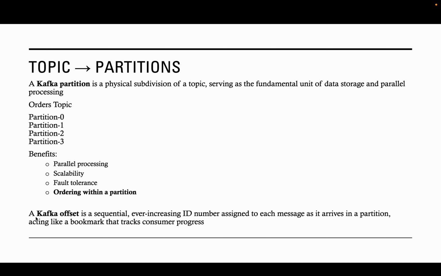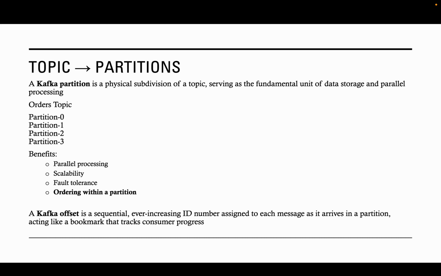While messages are landing into a topic, each is assigned a Kafka offset, a sequence which is an ever-increasing ID number assigned to each message as it arrives. Whenever a Kafka message lands in a partition, it is given a sequence called a Kafka offset that acts like a bookmark for the consumer, showing how much they have consumed.